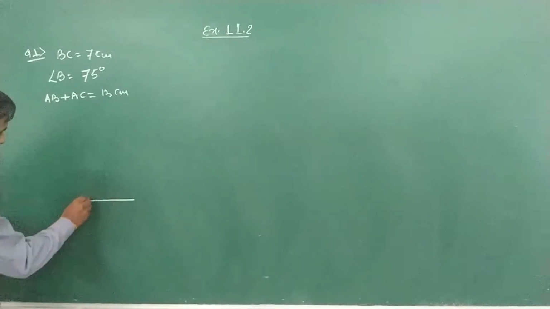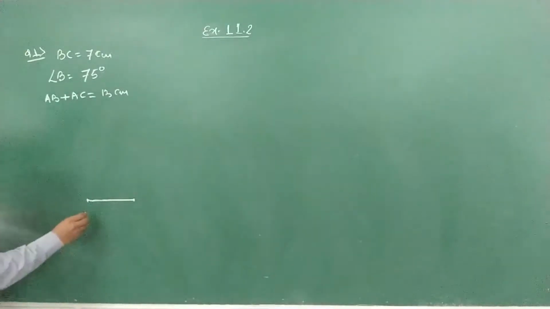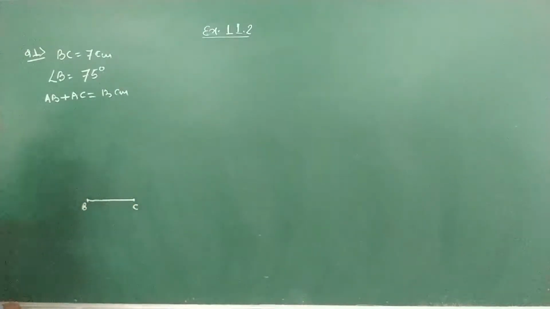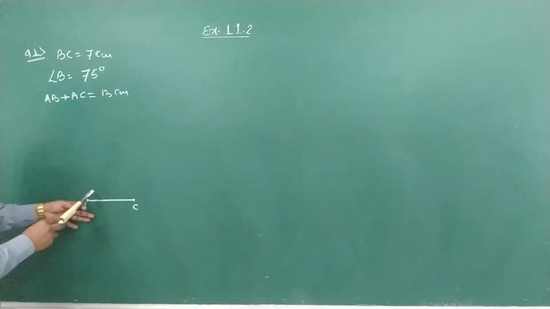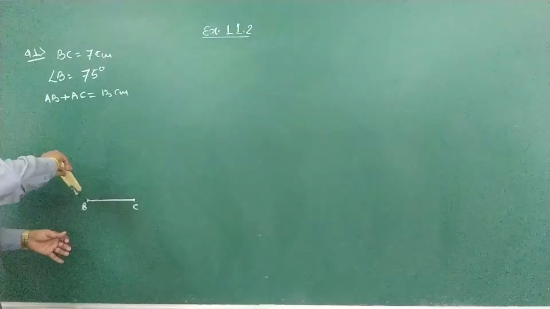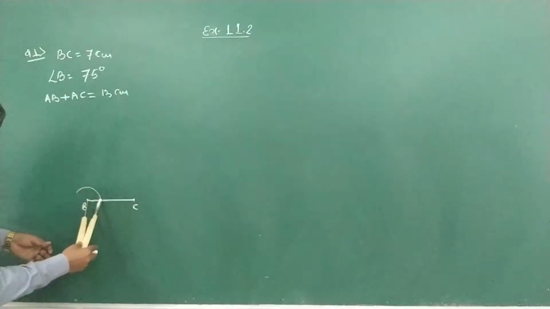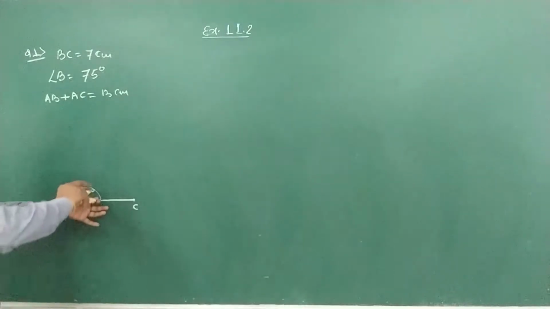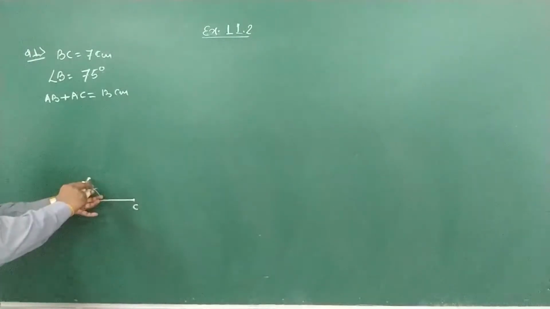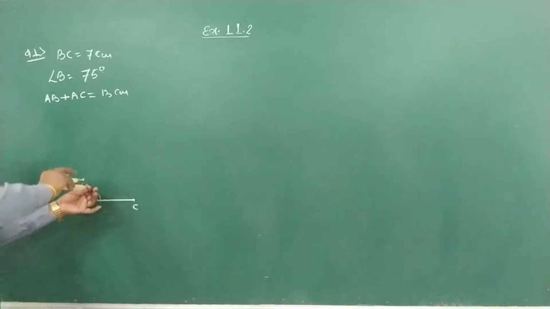It's a 7 centimeter line, which is BC, B and C. Angle B is 75 degree, so we construct an angle B 75 degree. And you know how to construct it. We already did that part in 11.1, how to construct these angles.